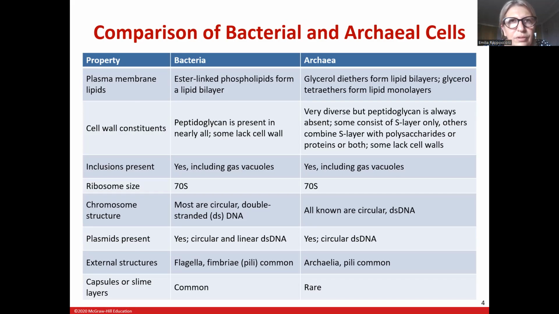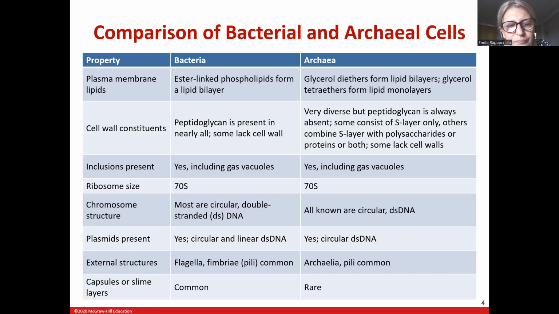I think they have now isolated one that has linear DNA, but I'm not sure about that. They have plasmids, both of them, and for external structures, flagella are common both in archaea and bacteria.